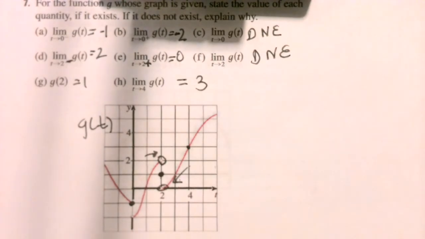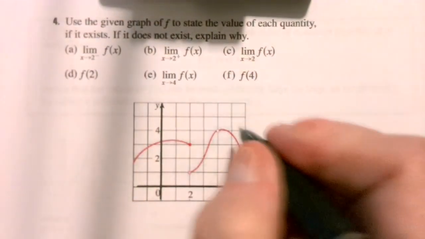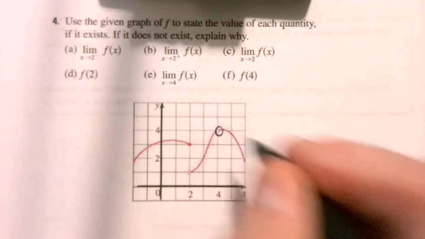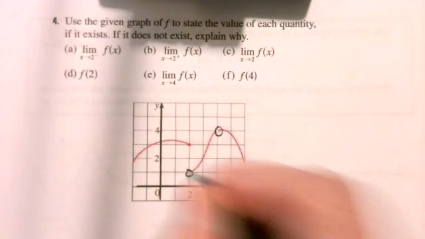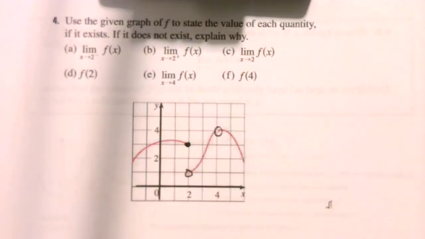Okay. Let's look at another example with a graph like this. Okay, another graph. There's a hole right there, so I'm just going to draw it in so you can see it. There's a hole right here. Now that's a solid dot right there. Okay, so same thing.